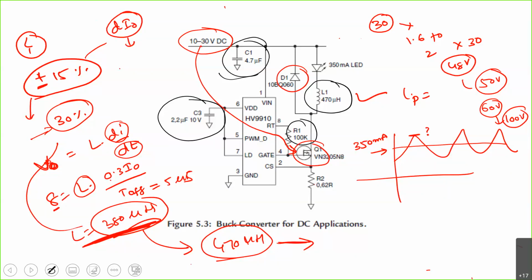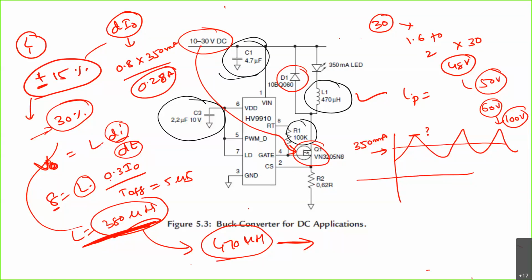If we consider the maximum value of D, that is 0.8, into I naught, that is 350 milliampere, roughly it is, not 2.8, I think 0.28 amperes. That is the average current that flows through the MOSFET.